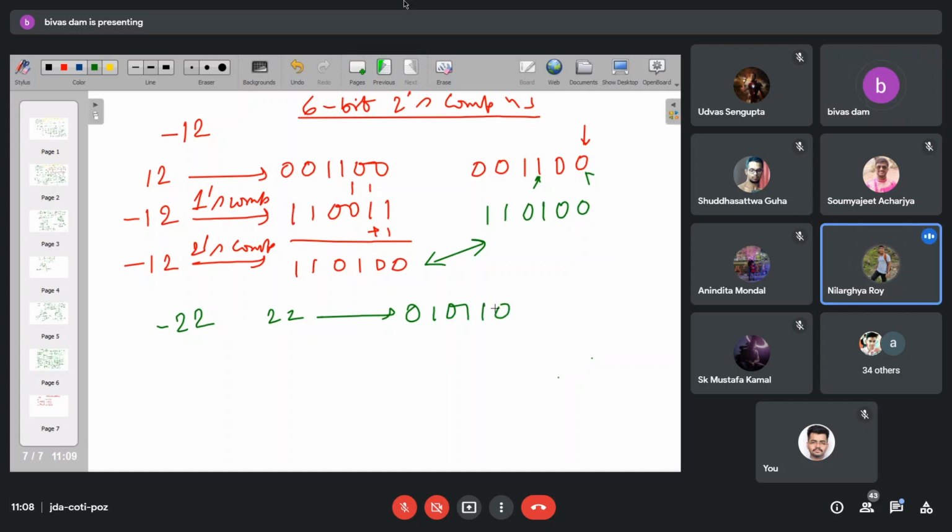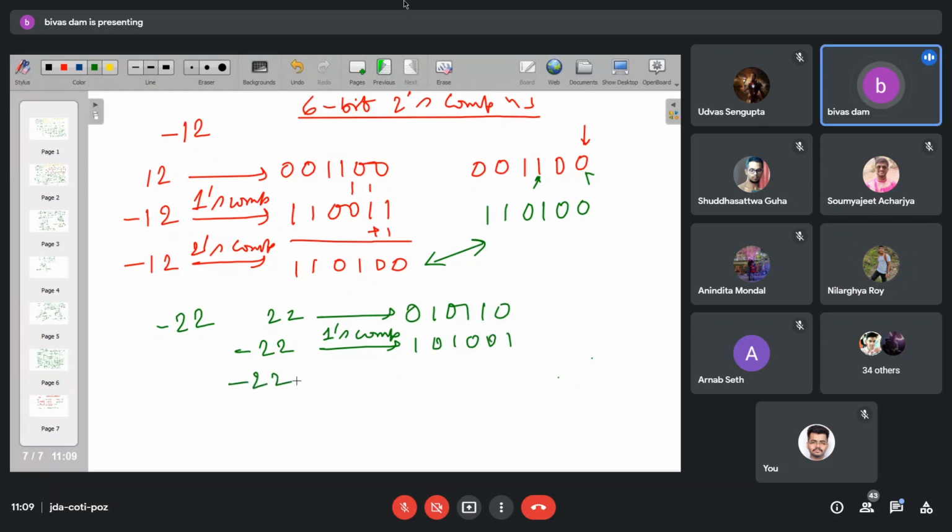Isn't it? Yeah. Then minus 22, 1's complement. Then minus 22, 2's complement. This is the usual process that is followed in books.